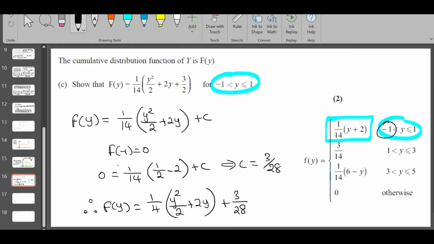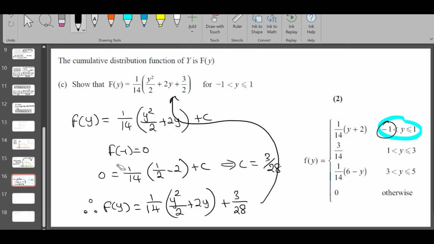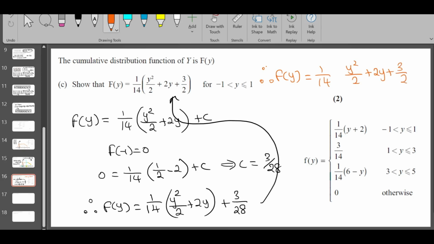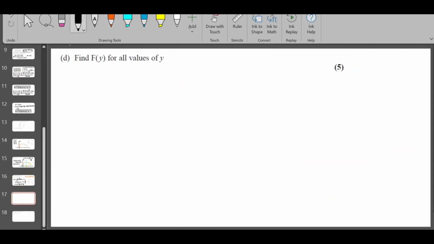If you take 1 over 14 as a common factor, you will get this. So you can finally write, therefore f of y is, write it in the given format, 1 over 14 y square over 2 plus 2y plus 3 over 2. That's all.